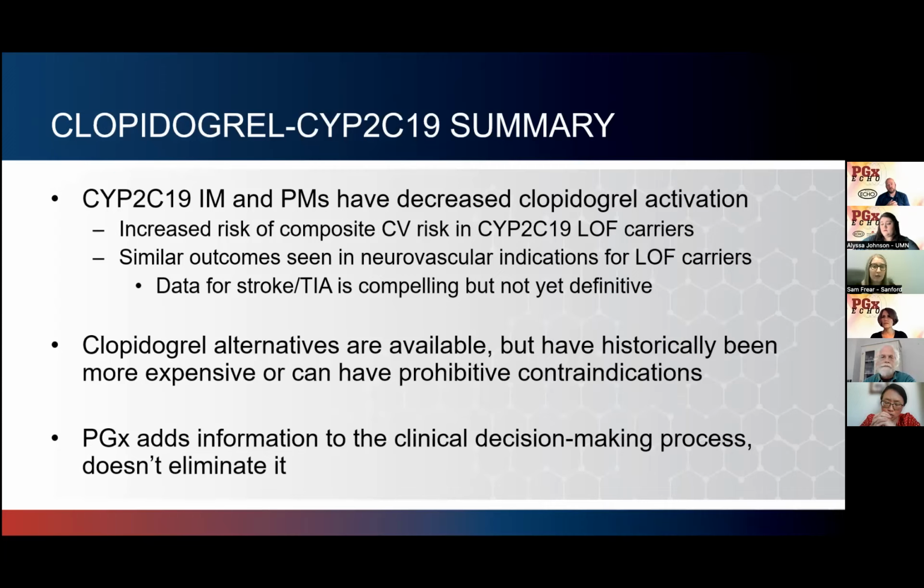We might not have as strong and compelling data as we do have in our cardiovascular space, but really trending in that similar direction as our cardiovascular space of showing those increased risk of stroke with our loss of function carriers utilizing clopidogrel. And also keeping in mind that pharmacogenomics is telling us a portion of the picture. It's adding to our clinical decision-making process, not eliminating it.